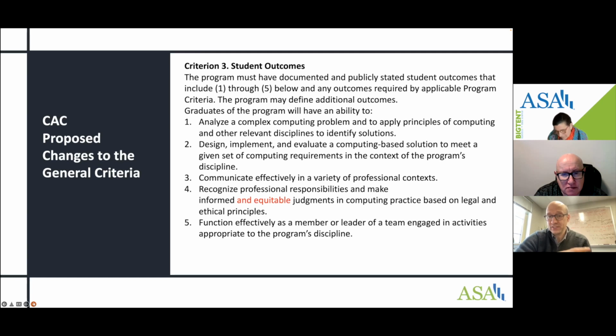What you'll notice is that in these general criteria, there is no longer a match between CAC and ANSAC. The general criteria look very different. As well, you might expect them to, come to think of it, right? Because one of them is natural sciences criteria and one of them is computing criteria.